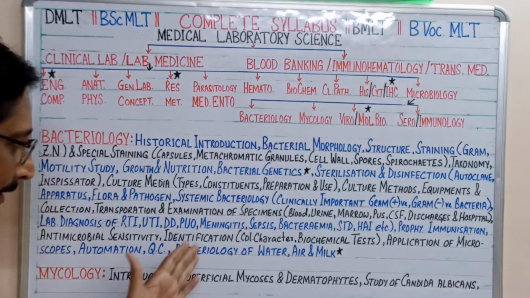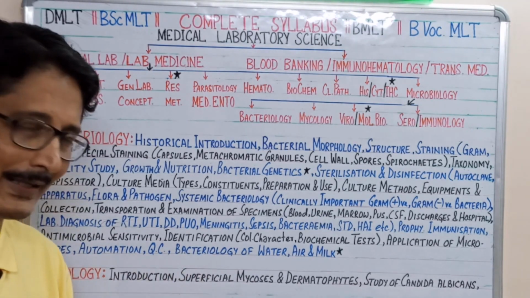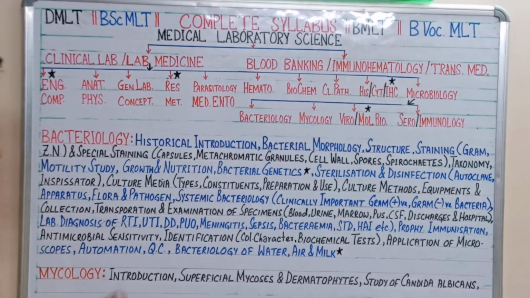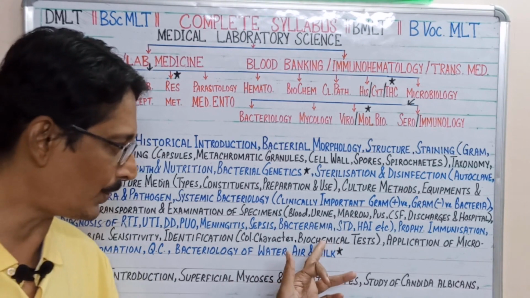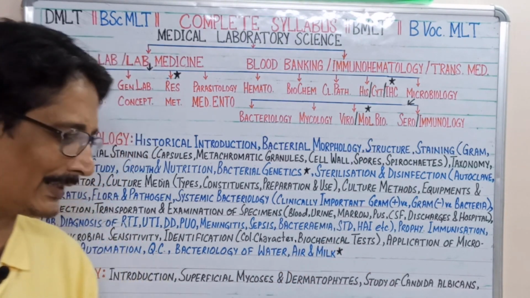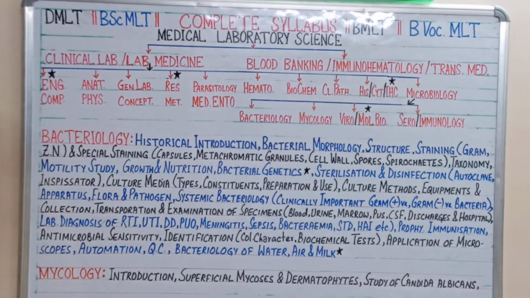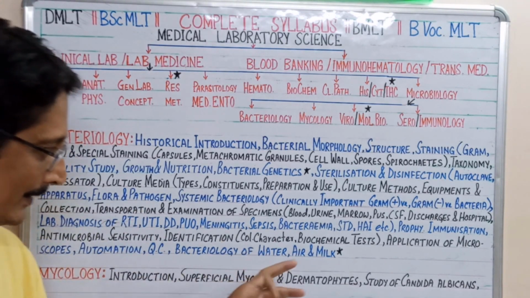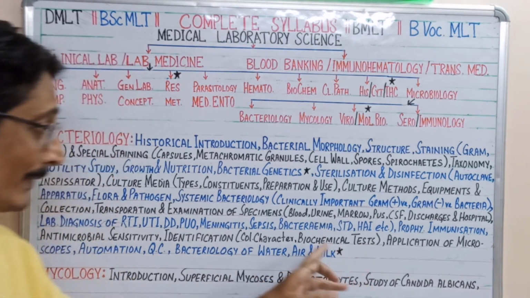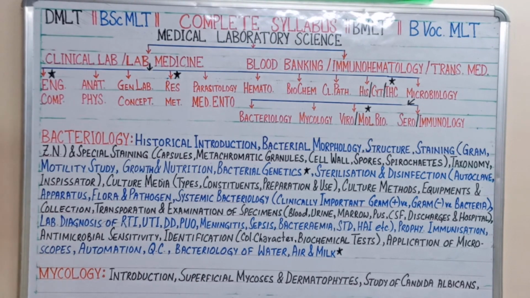Like that, every bacteria has its unique colony character, and along with that we perform some biochemical tests. We have to study about 20 to 30 biochemical tests. By these tests we can surely identify what that particular bacteria is.